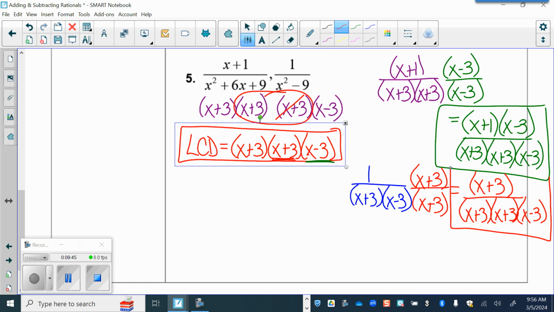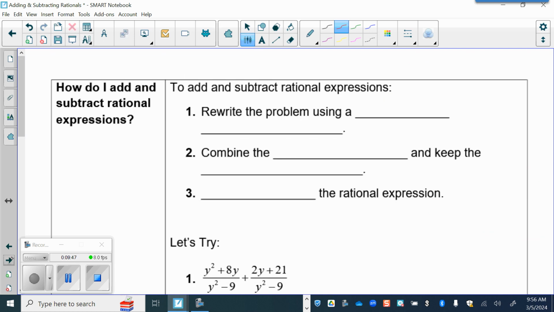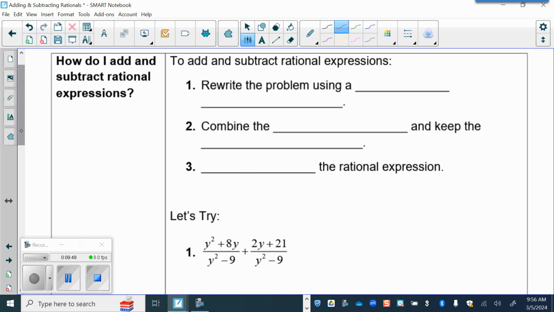Finding the least common denominator is the hardest part, no doubt about it. So to add or subtract fractions, you have to rewrite the problem using a least common denominator. Then you add or subtract the fractions, right?